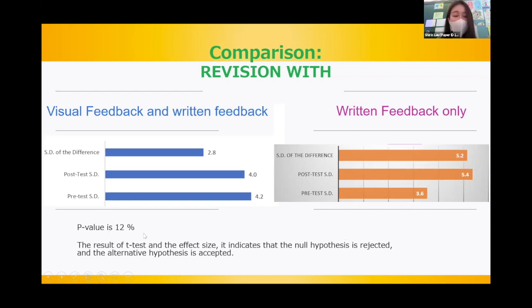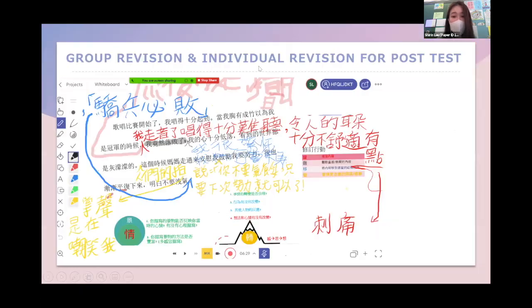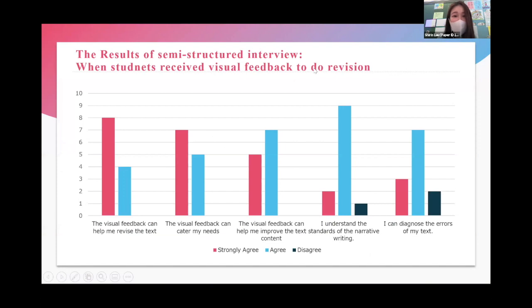And the t-test p-value is 12%. The results of the t-test indicate that the null hypothesis is rejected and the alternative hypothesis is accepted. That means the visual feedback can help students to do the revision more efficiently. And there are some results from the interviews with students.